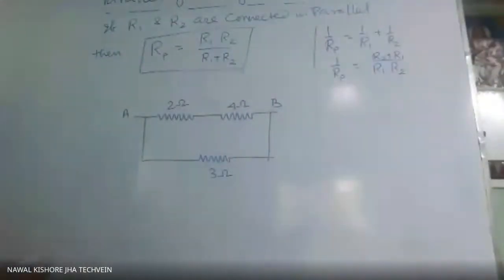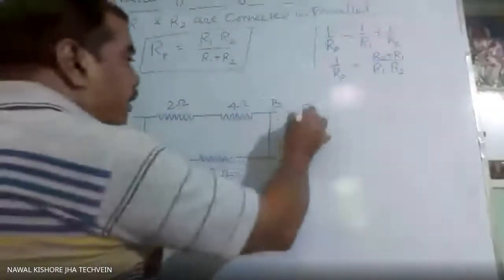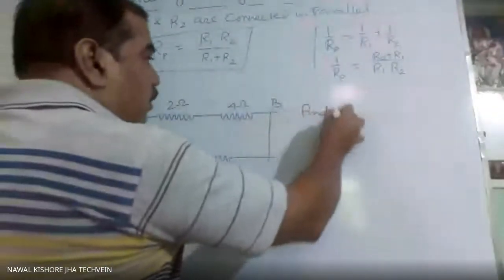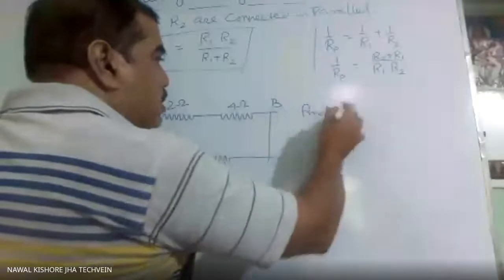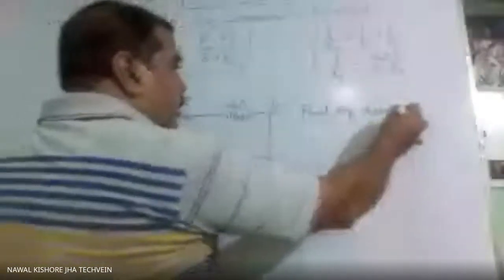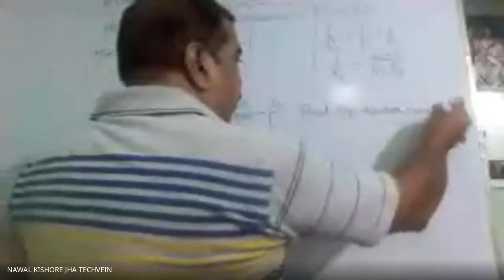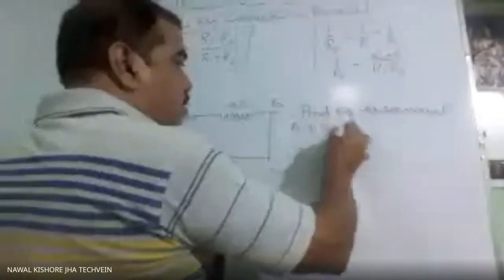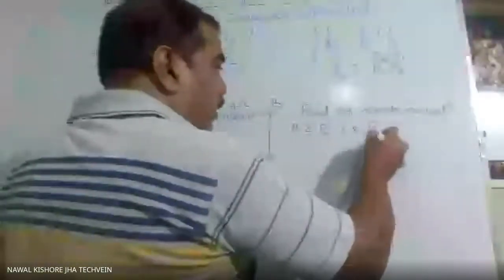This is the case. You are asked to find the equivalent resistance between A and B. Symbolically, we write it like this, R_AB.